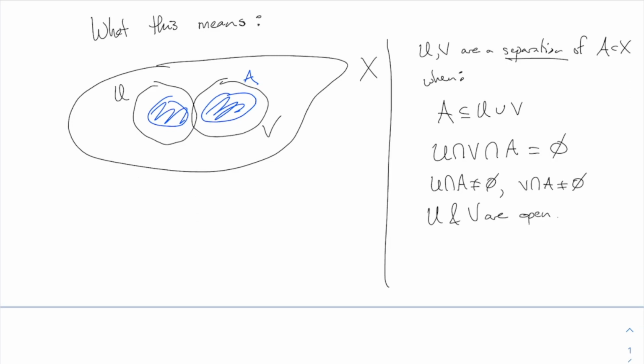You see a lot of U intersect A's and V intersect A's. That's because this is what you get if you translate the ordinary properties of a separation into the subspace topology. It ends up looking like this. So this is what it means for a set to have a separation. Those three properties or four properties, however you want to count them.